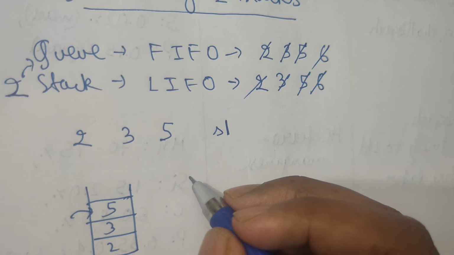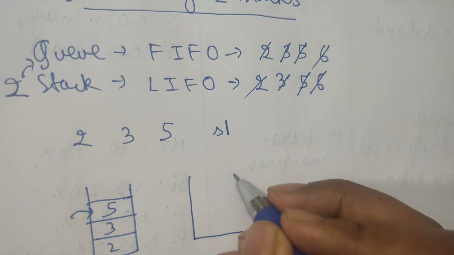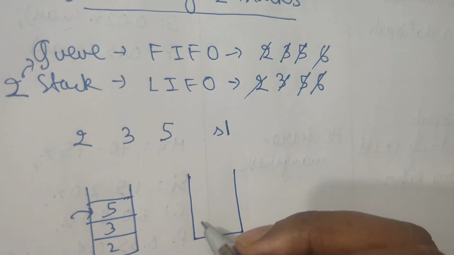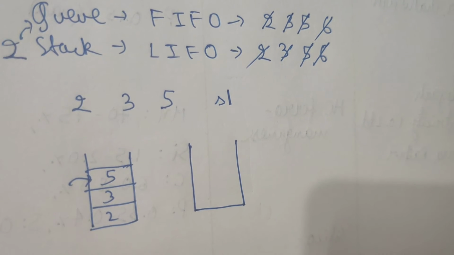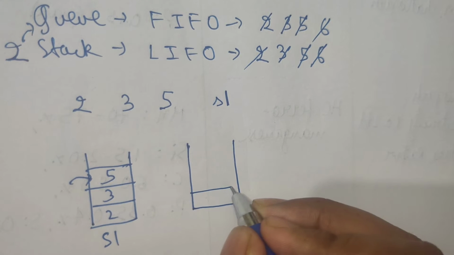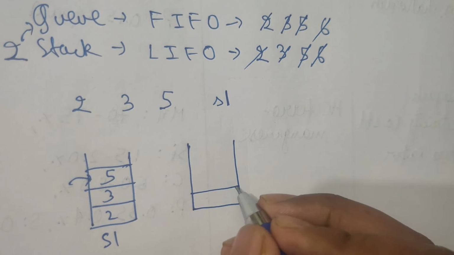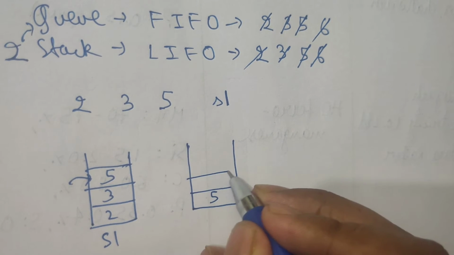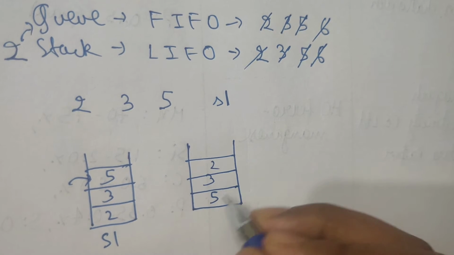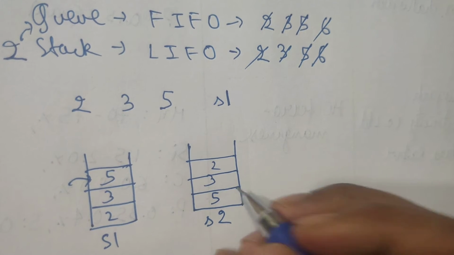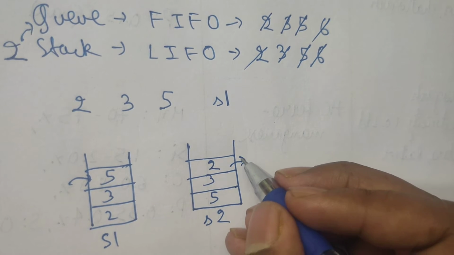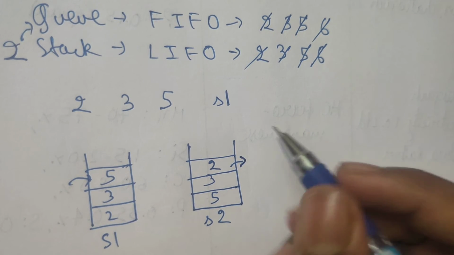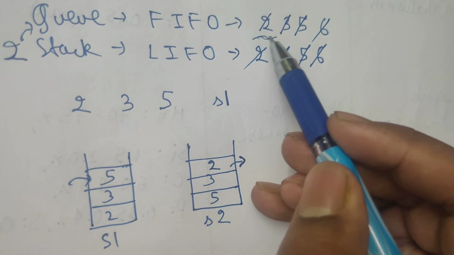When we do the pop operation, we take this whole S1 stack and push it into S2. So it becomes 5, 3, 2 in S2, and then we pop the topmost element from the S2 stack.